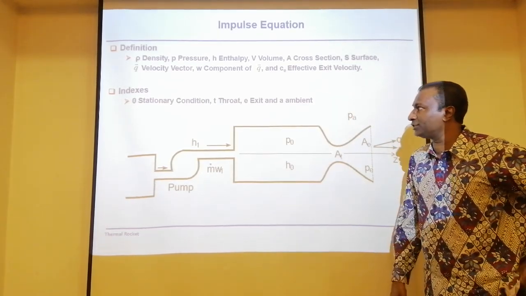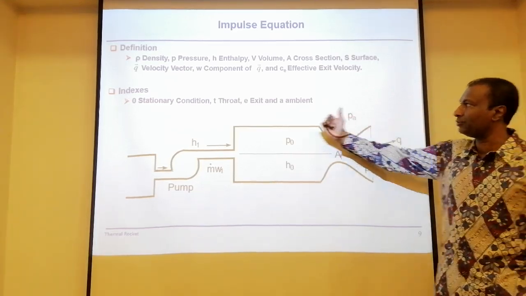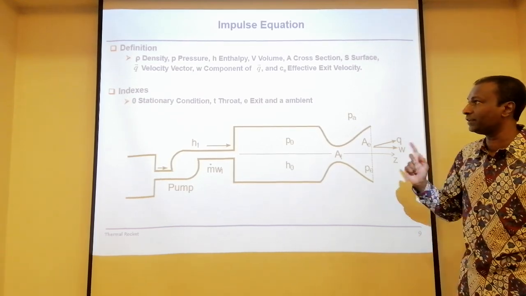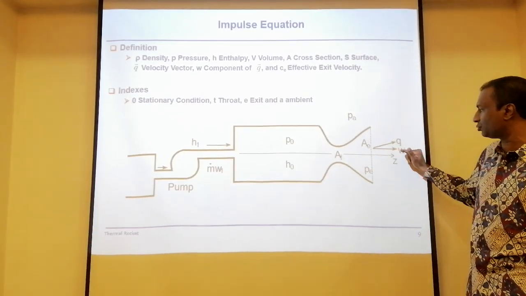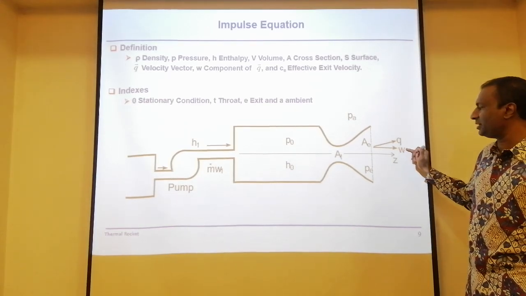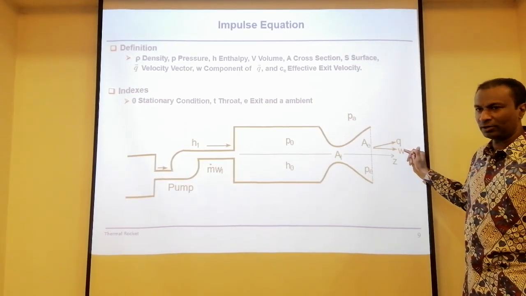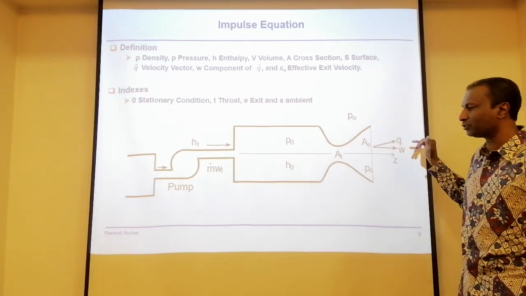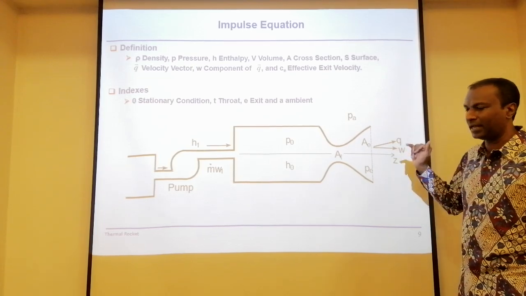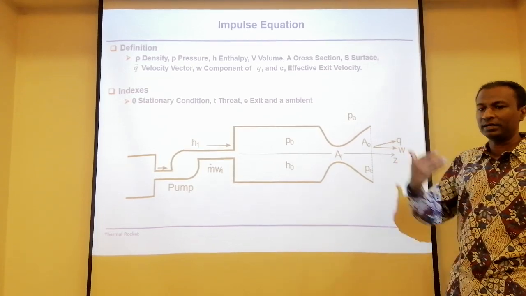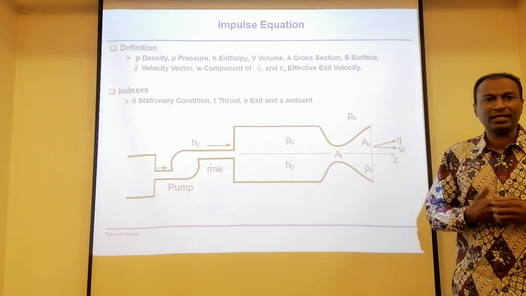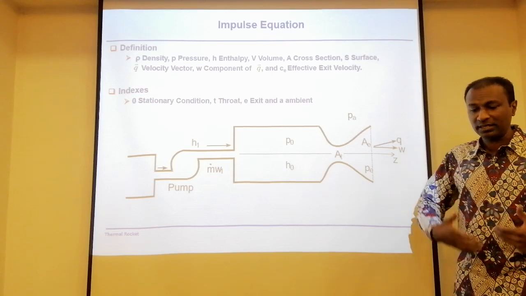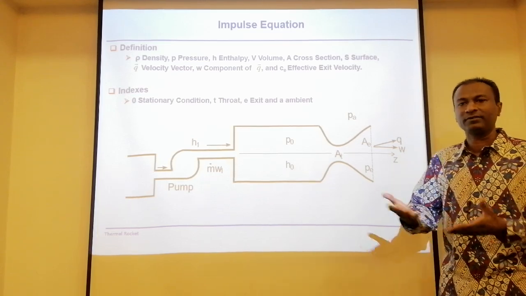Q is a velocity vector. W is a component of Q, and it is what our main aim is here. This is what is critical for us to measure in an experiment or in terrestrial application, because when you measure WE, then we will know what our CE could be. In the ideal case, we want WE, the exit velocity, to be equivalent to the effective exit velocity.